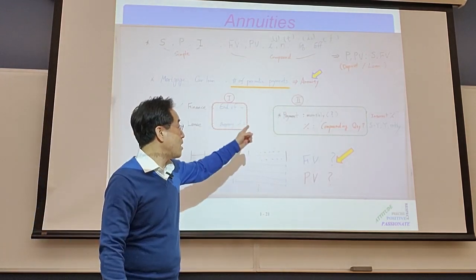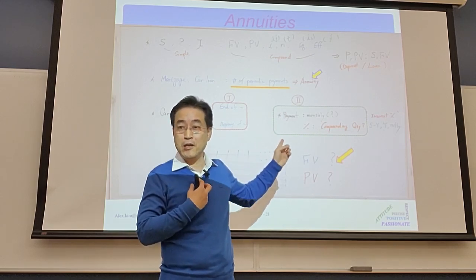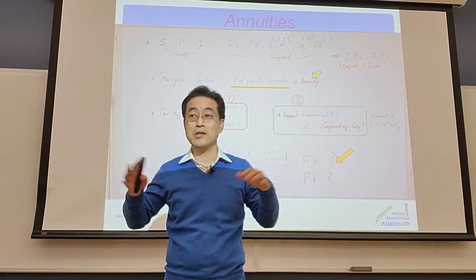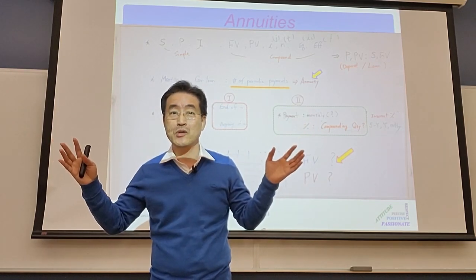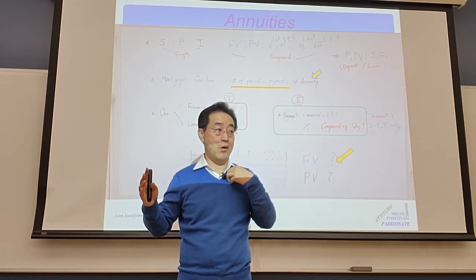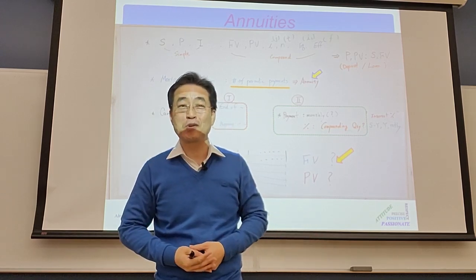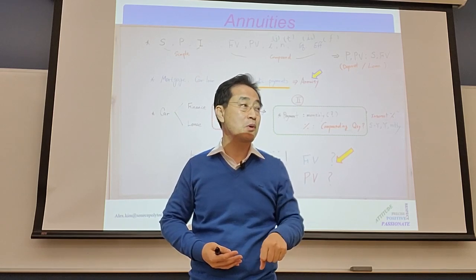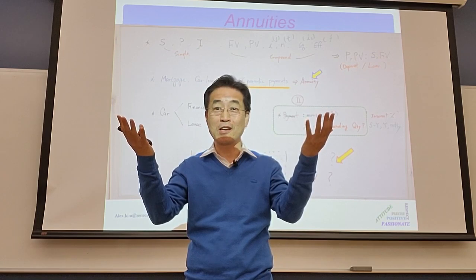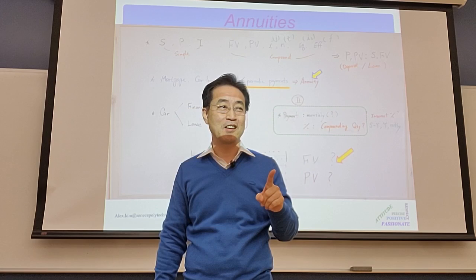But interest, the car finance that I borrow the money, based on compound semi-annually or compound annually interest rate I need to pay, they are going to charge. But how often I make a payment? Monthly payment. So the interest rate of my monthly payment is not like a compound interest, right? Oh, confused. That's the start of annuity.